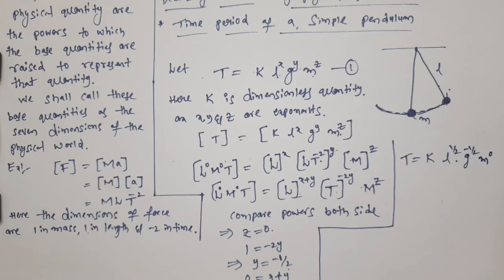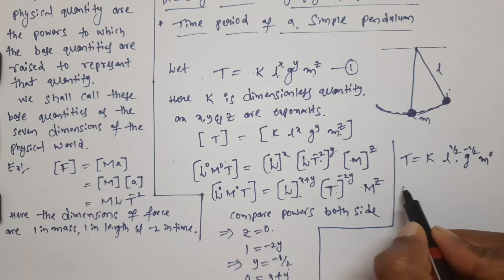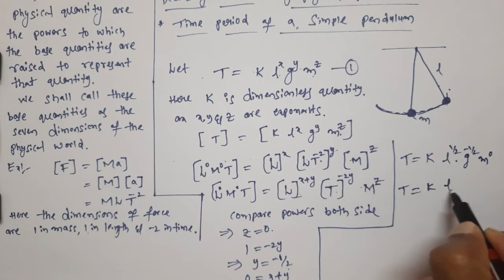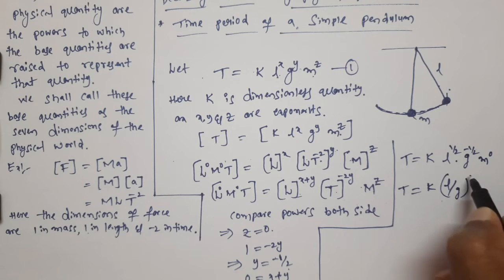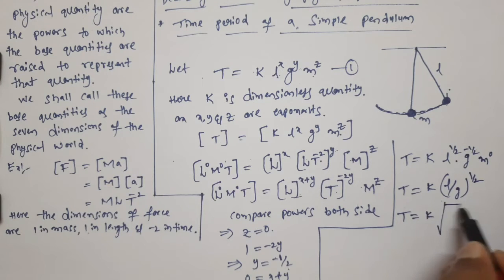Something to the power of 0 means that value equals 1. Now L power half is there, G power minus half is there. So you can write K into L by G whole power half, or we can also write K into square root of L by G, isn't it?